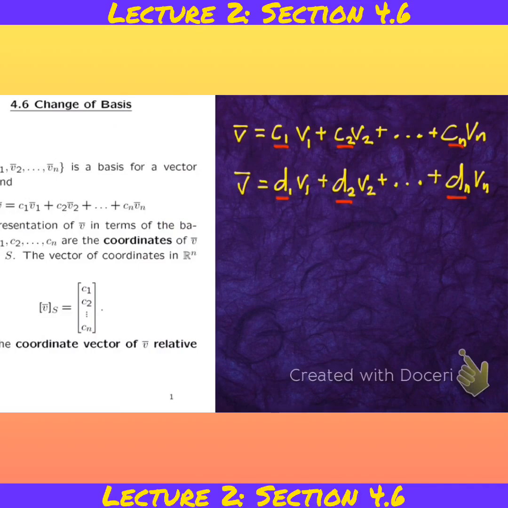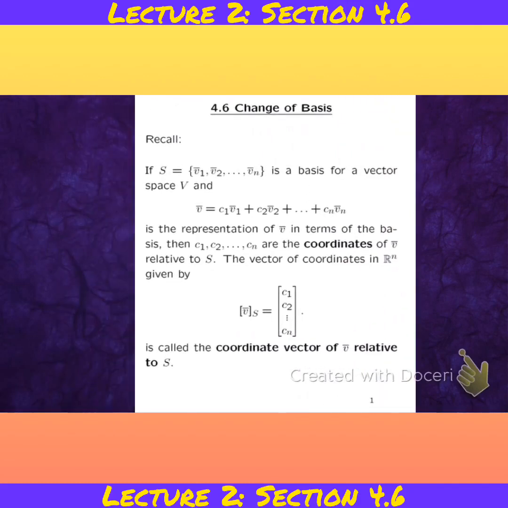So what is the coordinate vector with respect to a specific basis? What's the definition? Given a specific representation, the coordinate vector is given by this vector here, which has components derived from these coefficients.